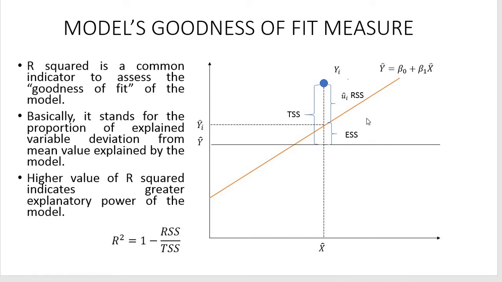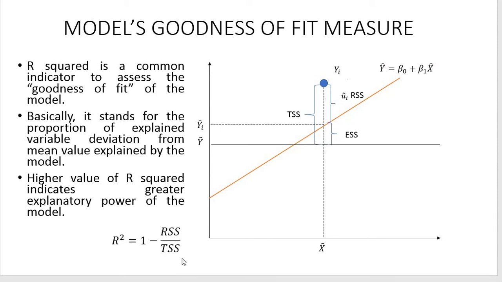So the bigger this share is, the better, and basically this is captured by the R-squared. R-squared can be calculated as explained sum of squares divided by total sum of squares, but in this case you might have no information about explained sum of squares.